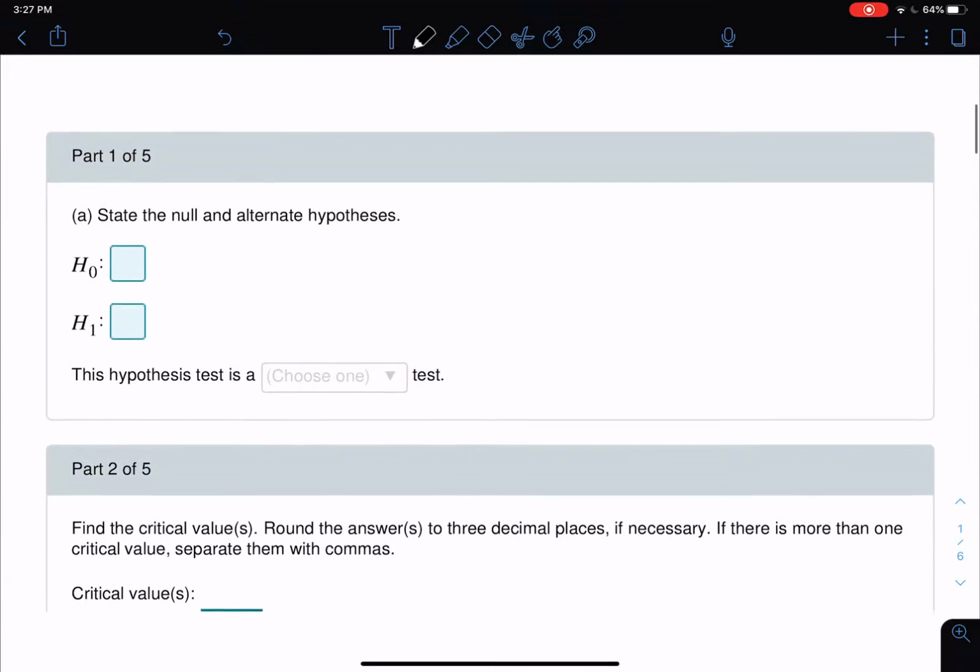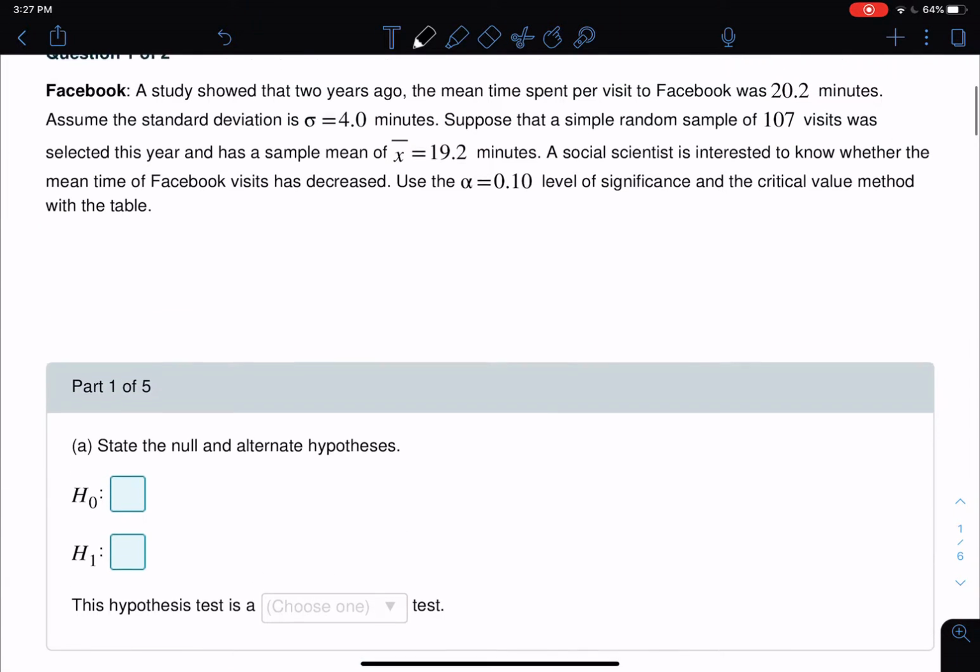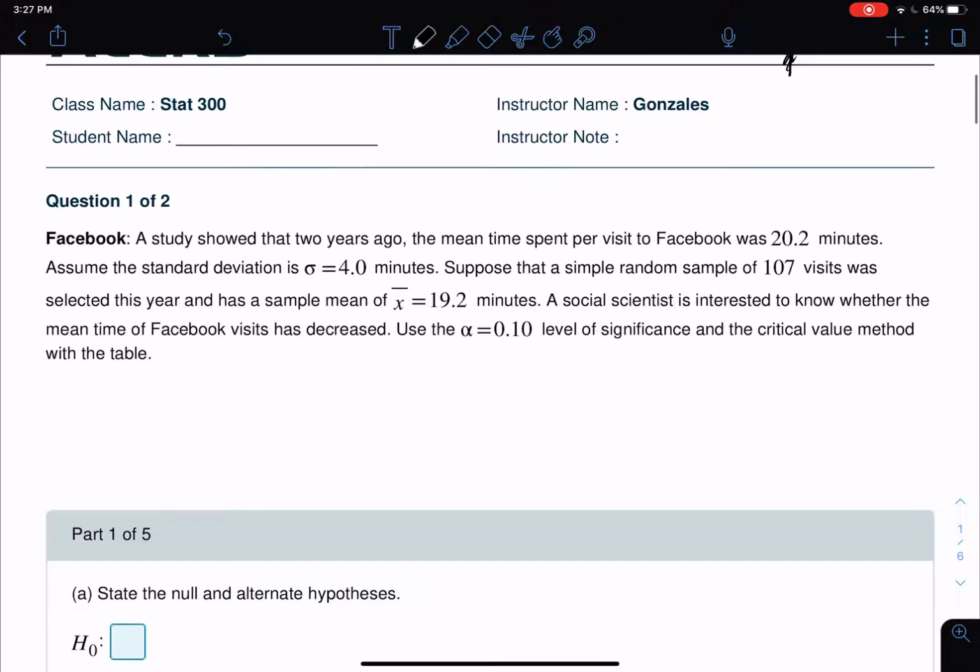So our first problem says a study showed that 2 years ago, the mean time spent per visit to Facebook was 20.2 minutes. Assume the standard deviation is, and when we see this sigma notation, we do know that's population, 4 minutes.